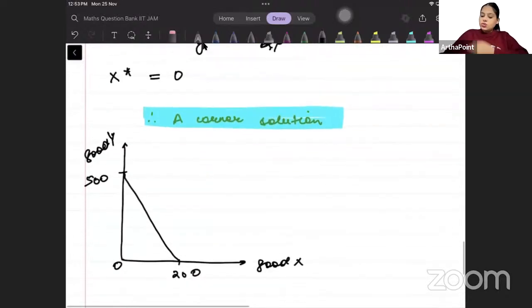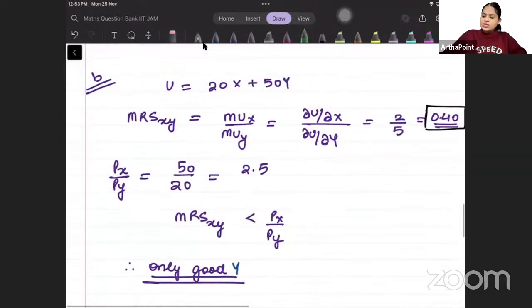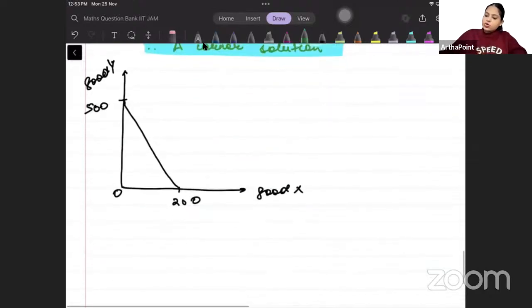Absolutely. So here what will happen is that my budget line is steep because the slope is more. And here this is 0.40. So my indifference curve will be flatter. So I will draw a flat indifference curve like this.